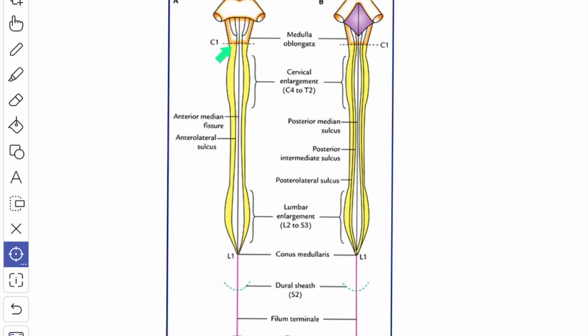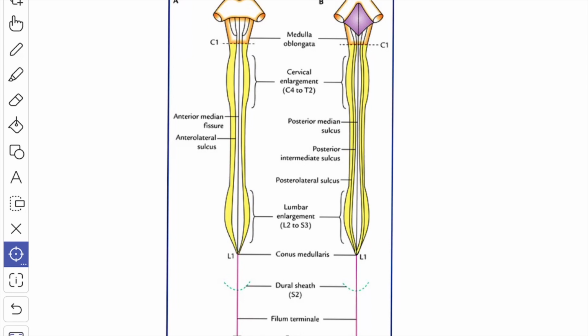It extends from the upper border of the posterior arch of the first cervical vertebra to the lower border of the first lumbar vertebra, from C1 to L1.